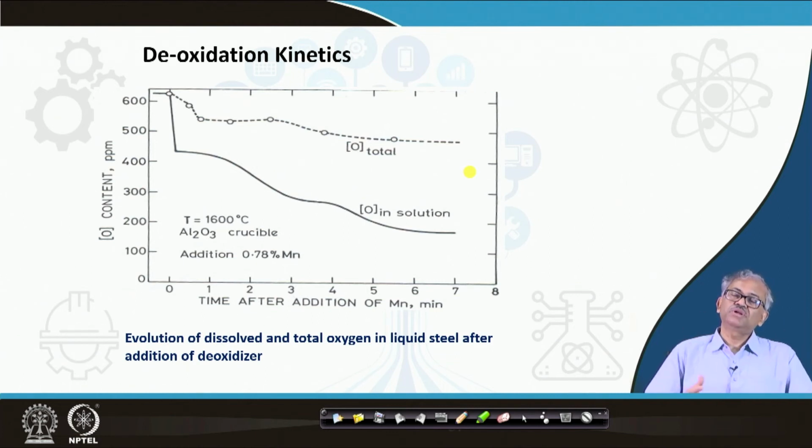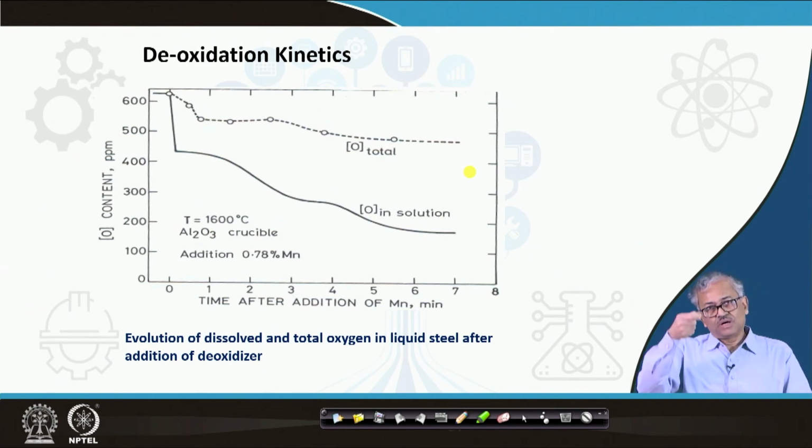After you form the MnO, the MnO has to move up and join the slag. So that process is taking time. That is, the MnO is not able to join the slag phase as quickly as it is forming.